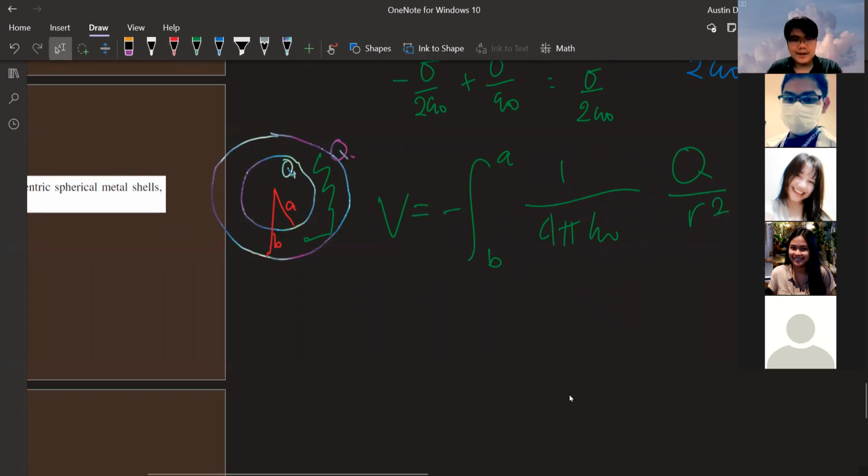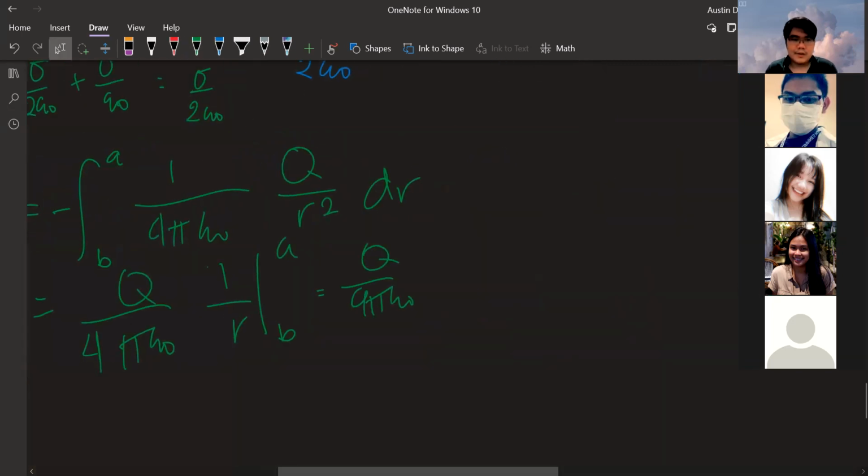And this will be Q over 4 pi epsilon naught, 1 over r evaluated from B to A. Okay? And this is Q over 4 pi epsilon naught, 1 over A minus 1 over B.